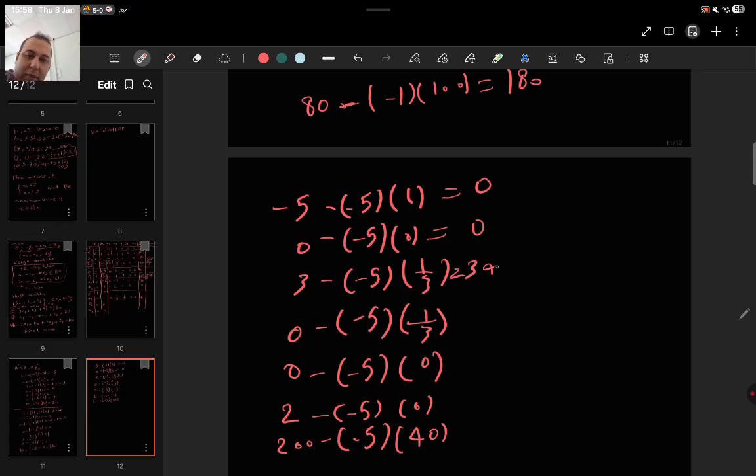This will be 3 plus 5/3, which is 14/3. This will be 5/3. This will be 0. This will be 2. 200 plus 200 becomes 400.